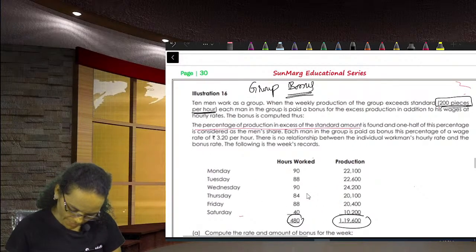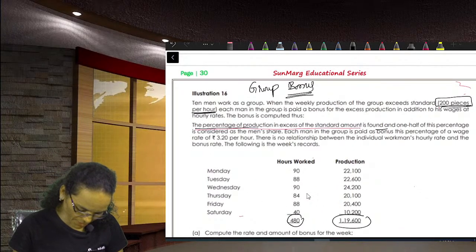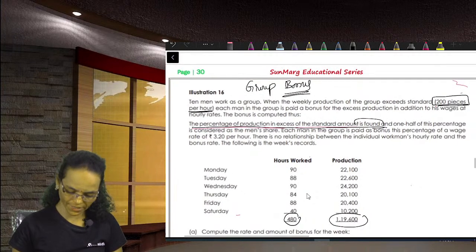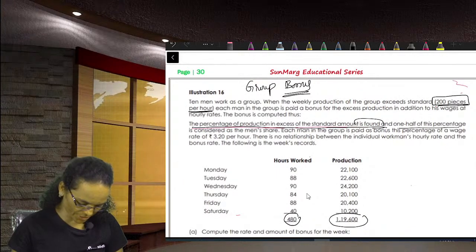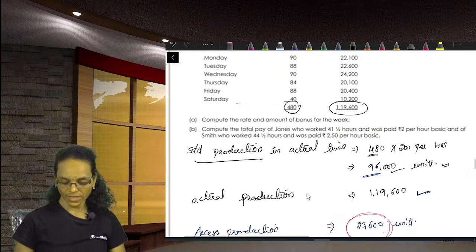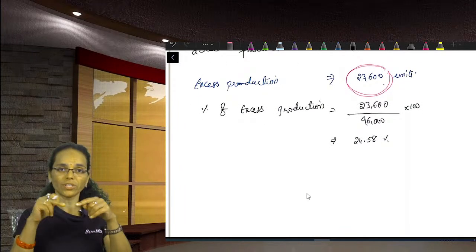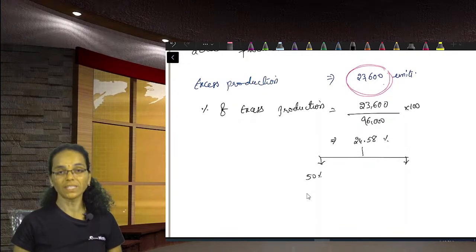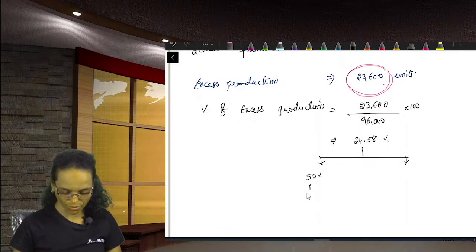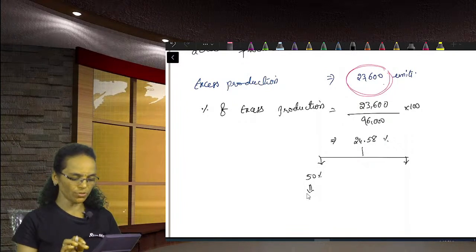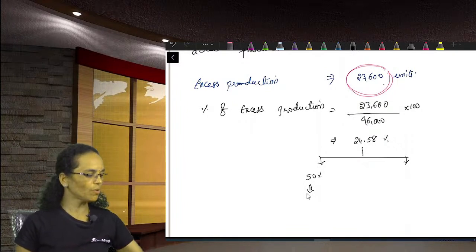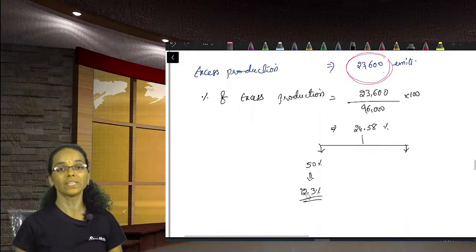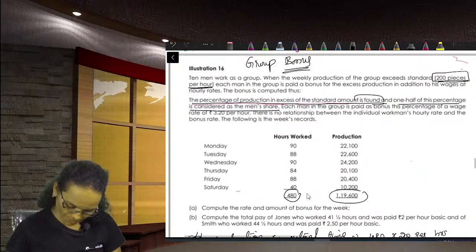Okay. Next, the percentage of production in excess of the standard amount is found; we have calculated it. 1/2 of this percentage is considered as the men's share. Whatever the excess production they produced, 50% of that percentage will be given as the men's share for the bonus. So divided by 2 is 12.29, that is we can say 12.3 is the percentage of bonus for the men's share.